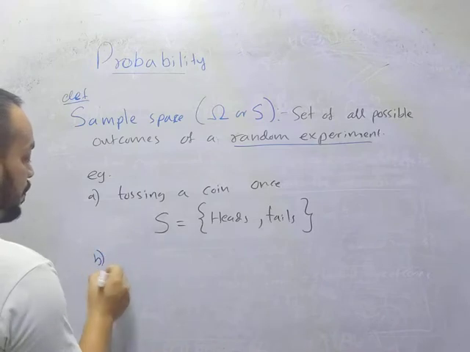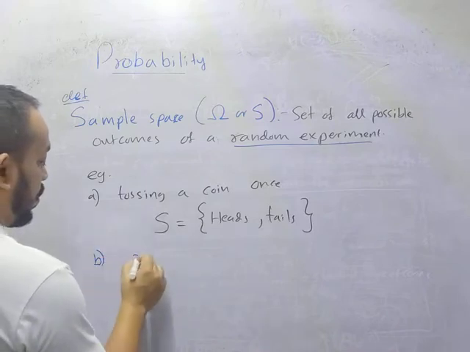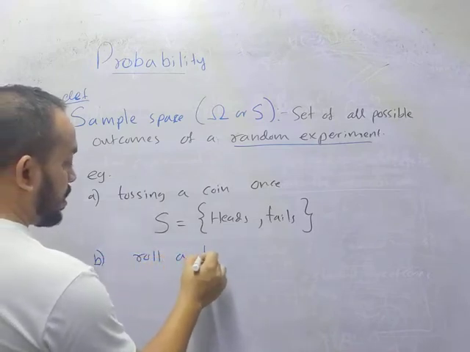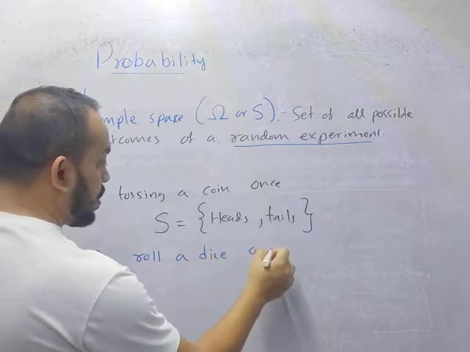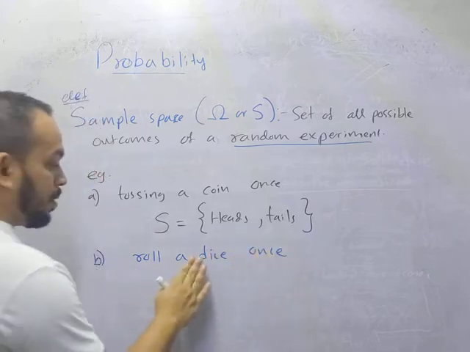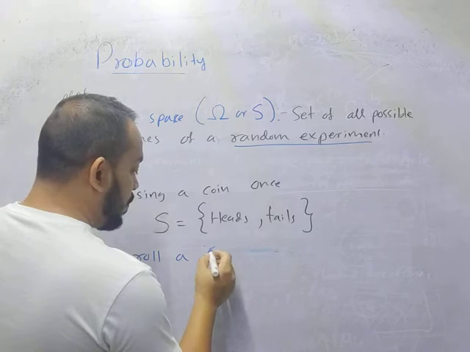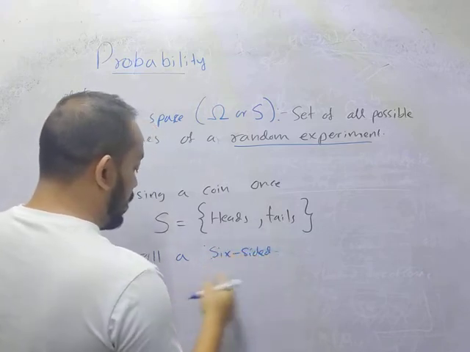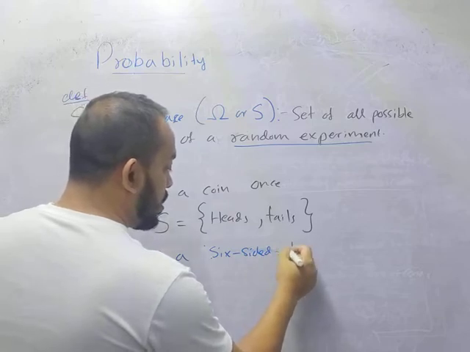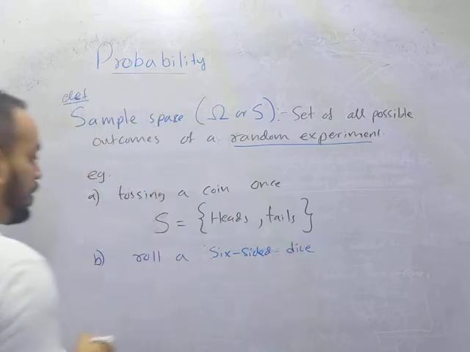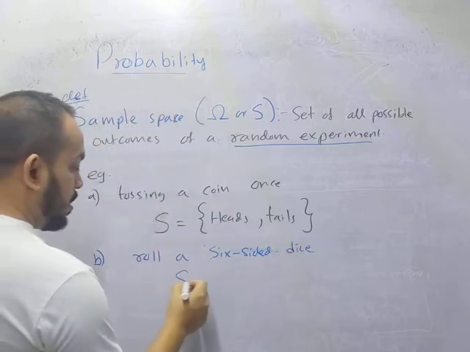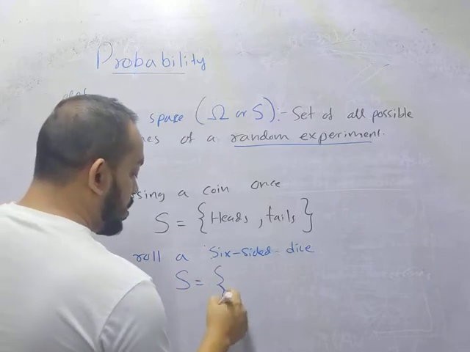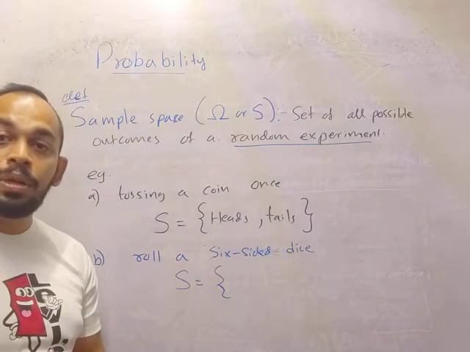B: rolling a die. Roll a six-sided die once. Six-sided, otherwise that statement is vague. Can you guess what the sample space is in this case?